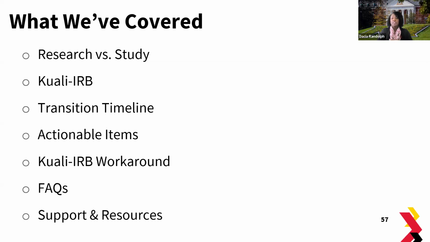Then we presented different workarounds that were described in preparation for new IRB submissions in Kuali-IRB, again, beginning on January the 5th. And then lastly, we provided some general FAQs from the transition to Kuali-IRB webpage, as well as some IRB support information, and those available resources that you can use before, during, and post this transition.